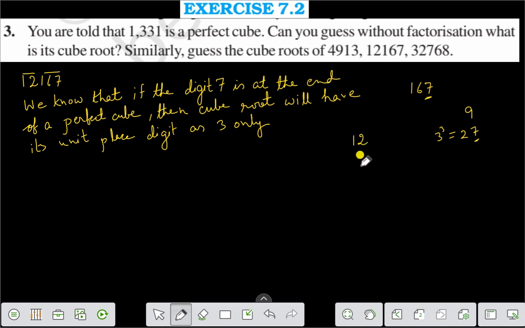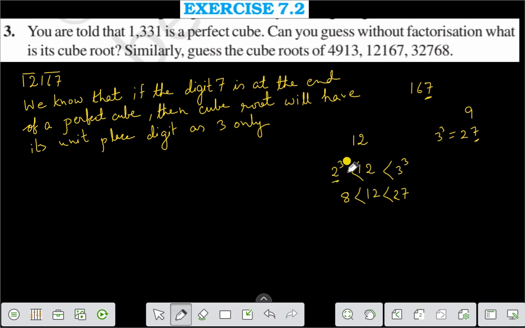Now we know that 12 lies between 2 cube and 3 cube. 2 cube is 8 and 3 cube is 27.